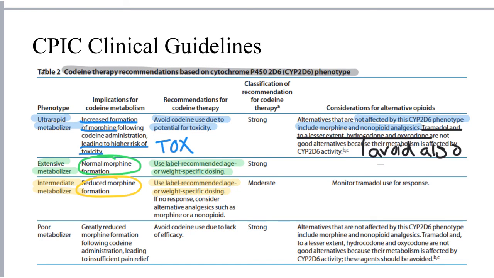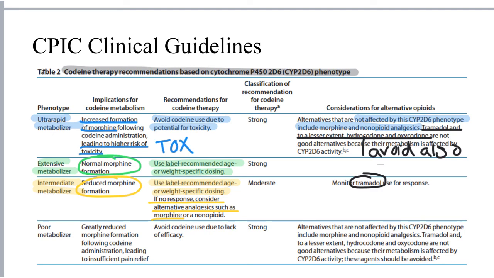However, if the CYP2D6 function is so low that there is no response to administration of codeine, the recommendation is to consider an alternative analgesic that is not metabolized by CYP2D6, such as morphine. Tramadol can also be affected in individuals who are intermediate metabolizers, and therefore tramadol use should also be monitored for a response in this case.